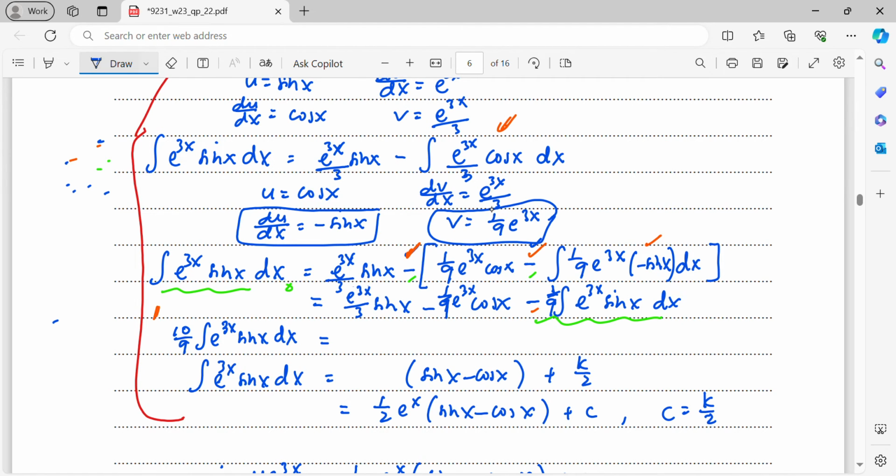So, this term already moved to this side. So here, on the right side, I will get e3x over 3 sine x minus 1 over 9 e3x cos x.